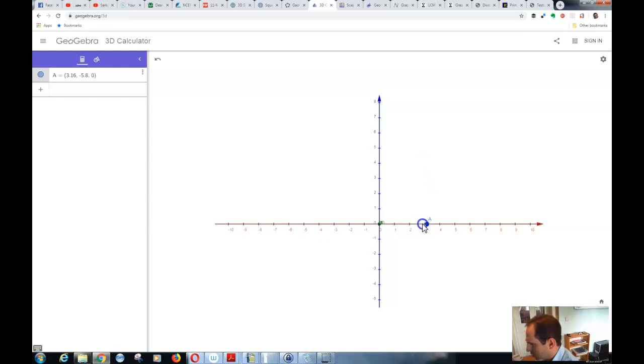Now I'm exactly on this axis, and you see that my Z coordinate is 0. So when you read the graph over here, it could actually mislead you.